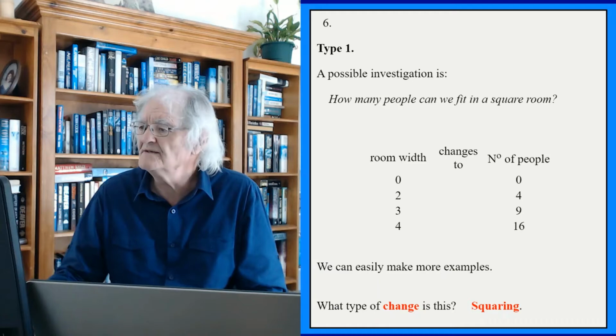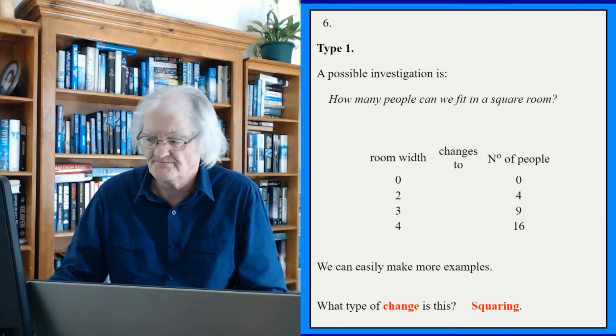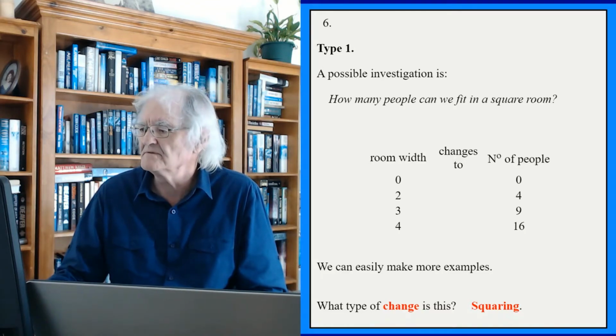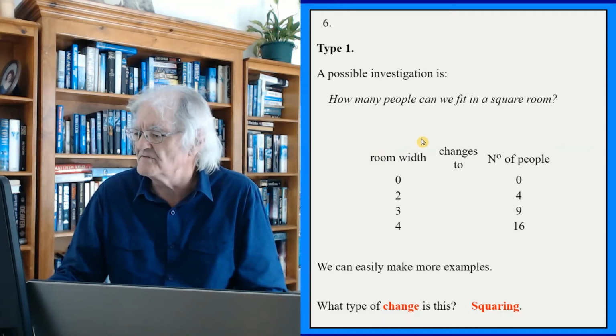So type 1, a possible investigation is how many people can we fit in a square room. So I've made up a table. The room width relates to the number of people, and we want to see how we change our knowledge of a room's width into the number of people who would be comfortable there.